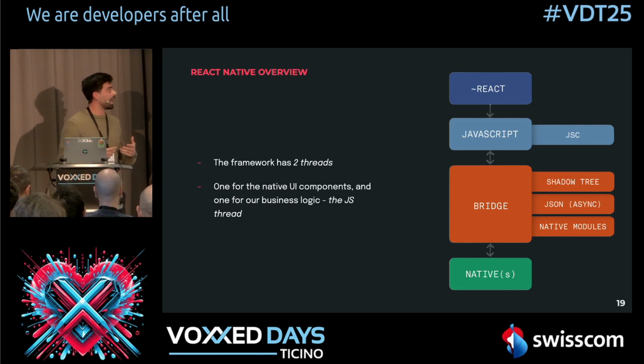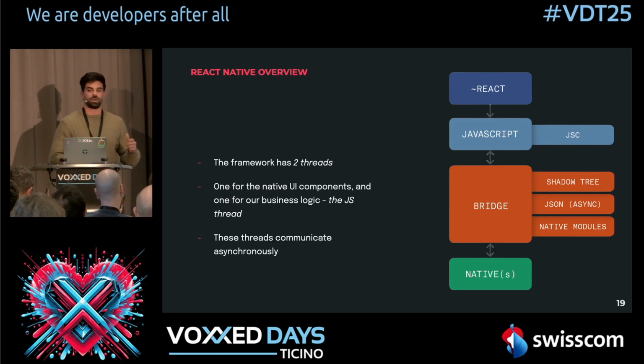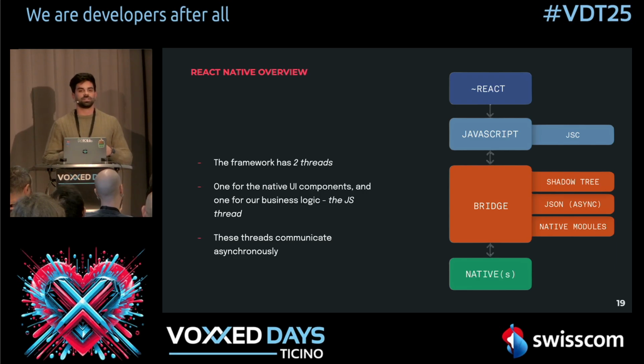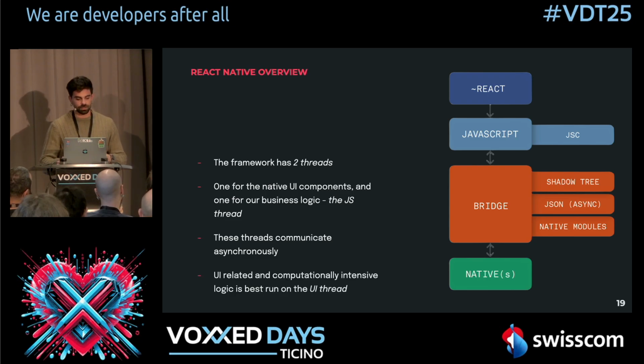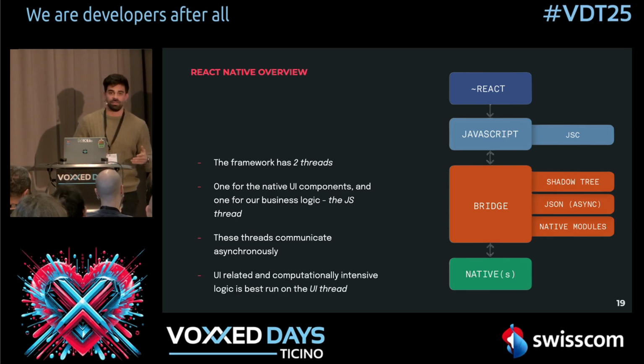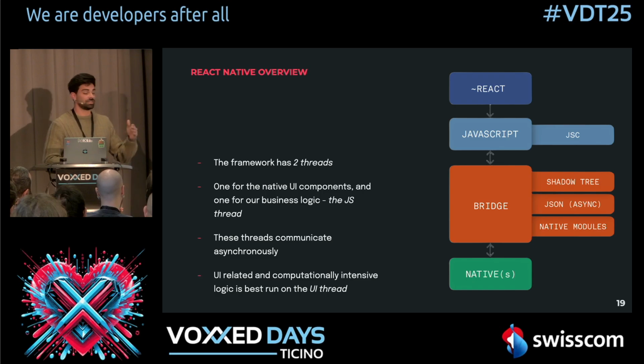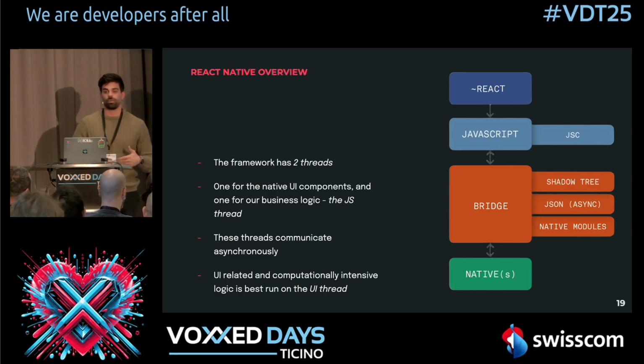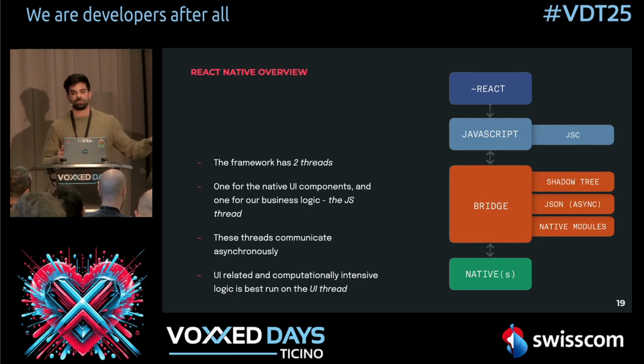It's where our actual application lives. So these two threads can communicate between one another, and they do so via a bridge. A bridge is just a piece of code that serializes JSON strings and passes them through the two threads. So as you can imagine, having a bridge that just passes strings between threads, it's best if you run computationally expensive or UI-related logic on the native thread.